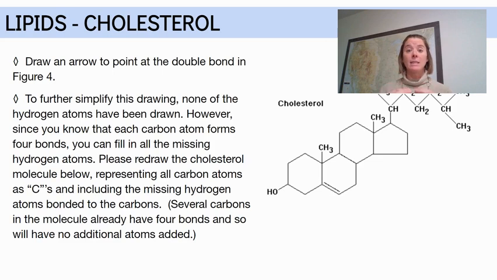So, for neatness' sake, for simplicity's sake, they do not draw out every single hydrogen, nor is every carbon listed. At every single one of these points, right here at the top of the hexagon, at the side of the hexagon, at the bottom of the hexagon, at the bottom of this pentagon, at all of those points, there should be a carbon atom.